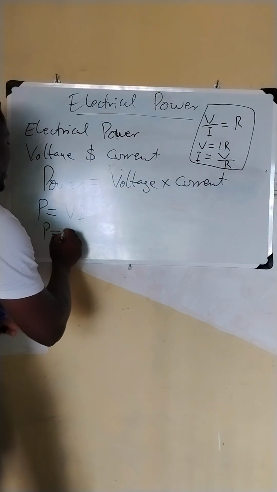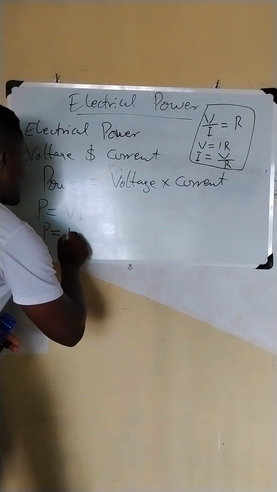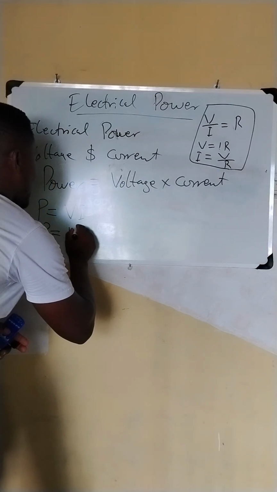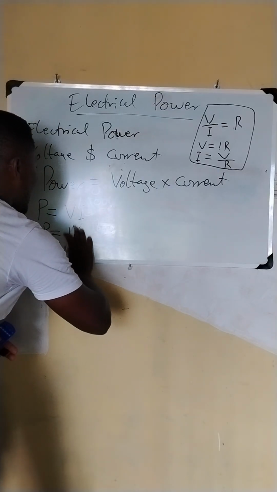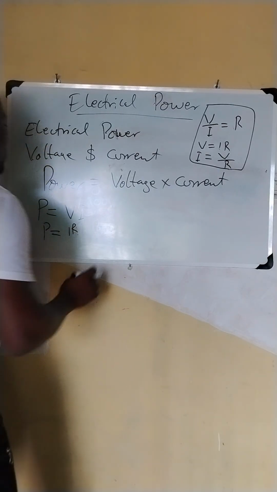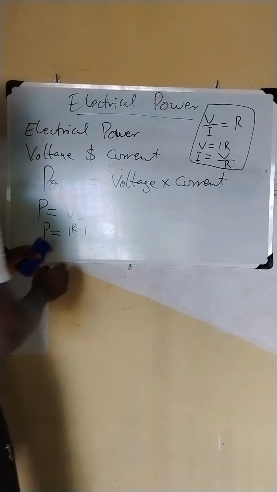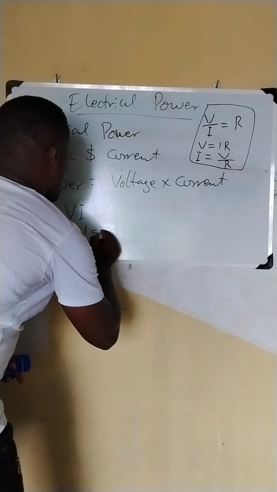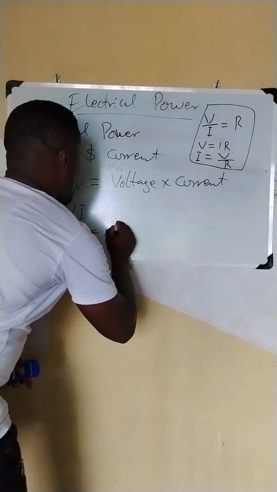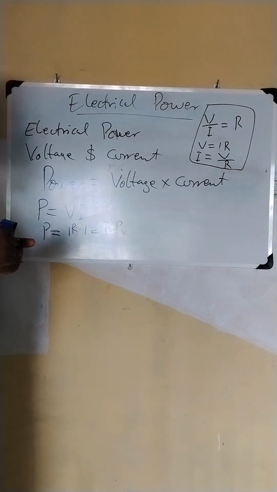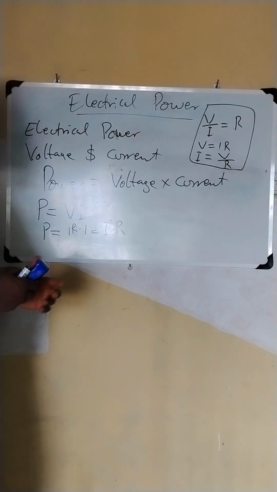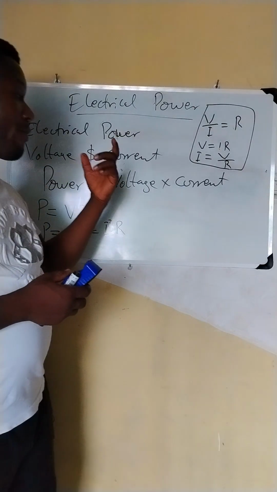Instead of writing V here, you now write I multiplied by R. Then there's another I here, you multiply by I. And this gives you I raised to the power of 2 R. This is also the formula of power when you are dealing with current and resistance.